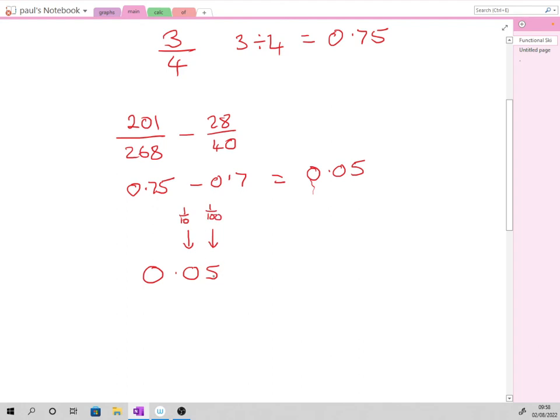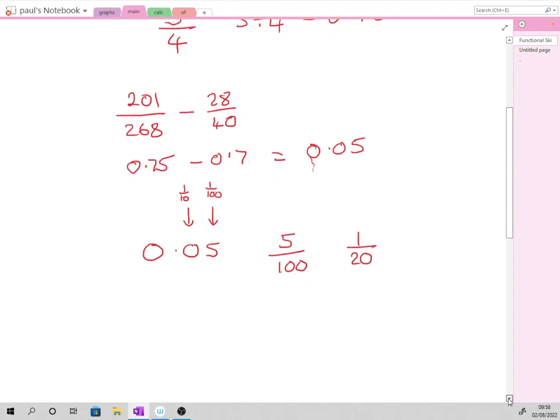So what we've got is 5 hundredths. So there you go, that's changing it back. 5 hundredths, and we can simplify this by dividing both top and bottom by 5, which will give you 1/20th. So that's just the example there.